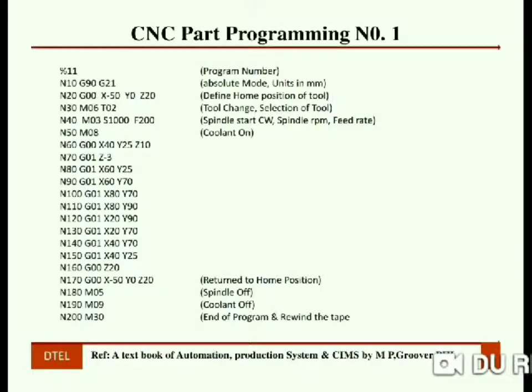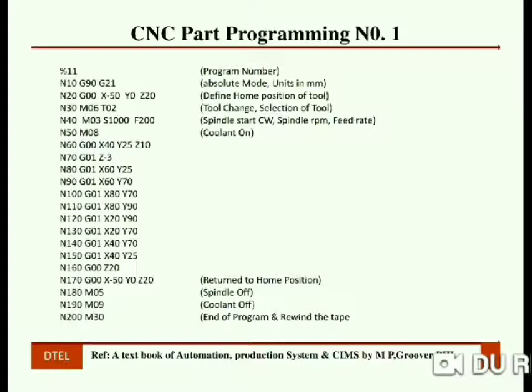G90 means we are going to run our machine in the absolute positioning system, means all dimensions are with respect to the origin. Then G21 means all units are in mm only. So first of all, you have to set all machine parameters before starting the actual machining process; you need to give some initial instructions to the machine.